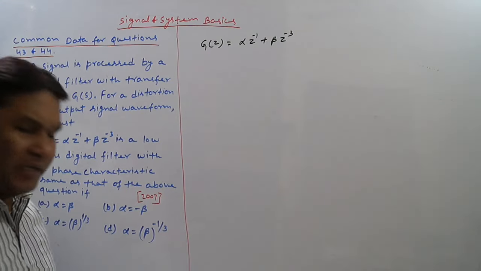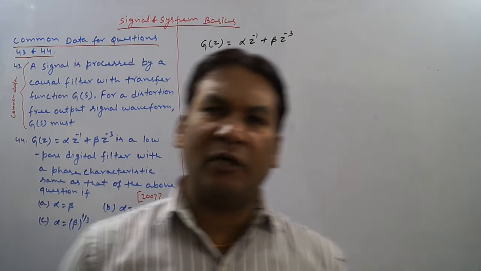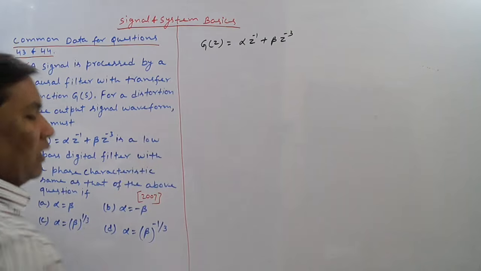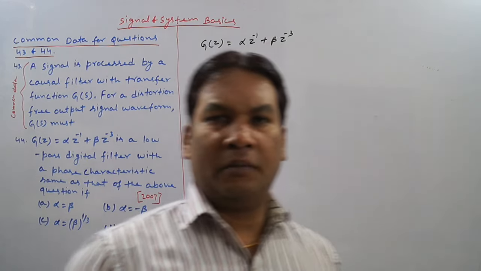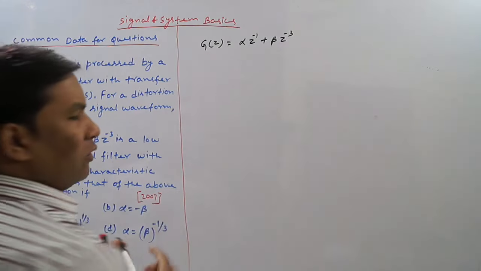So if we replace the value of z by e to the power j omega, because z is nothing but e to the power j omega in the frequency domain, okay, so we have to replace z by e to the power j omega.